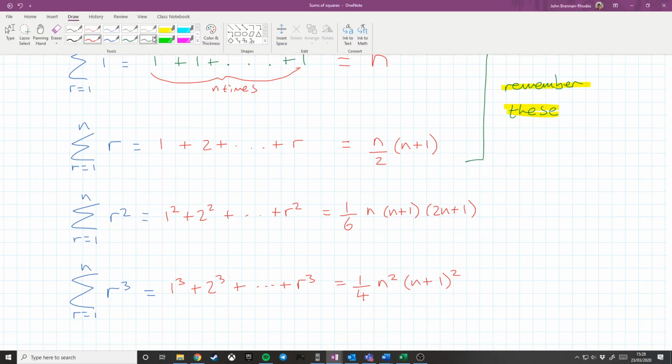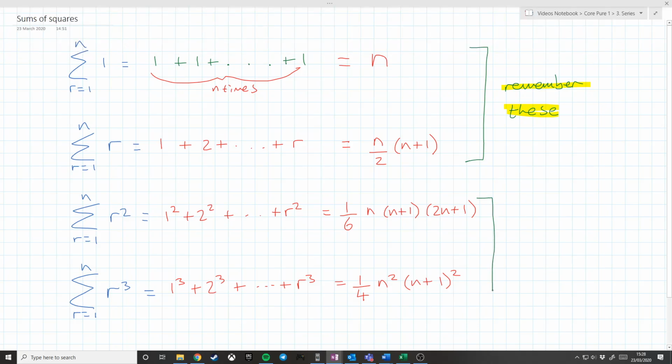And I'm just going to repeat myself, these are in the formula book. However, you can prove them, and you will, using induction, which you will cover later in this book. I've talked about it with a couple of you already, but Proof by Induction, Chapter 8.